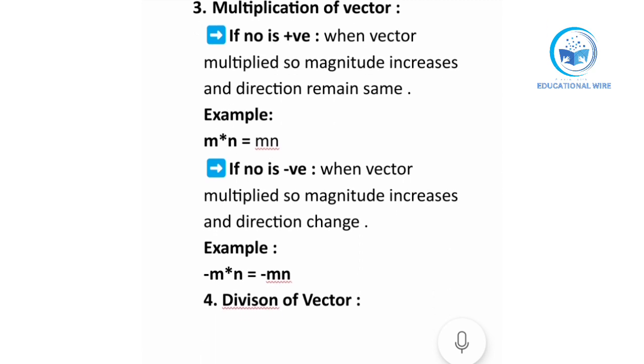What happens in division of vector? When a vector is divided, I think I have written it wrong. Oh, sorry.